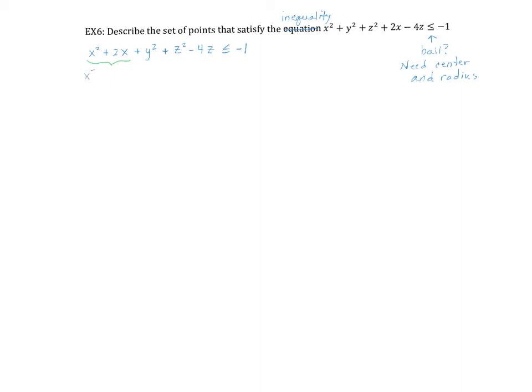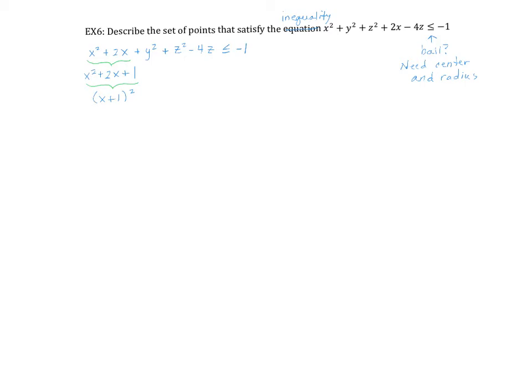So this would be x squared plus 2x, and I'm going to add 1. Again, the reason why I'm adding 1, which is half of 2 squared, is so that this turns into x plus 1 squared.